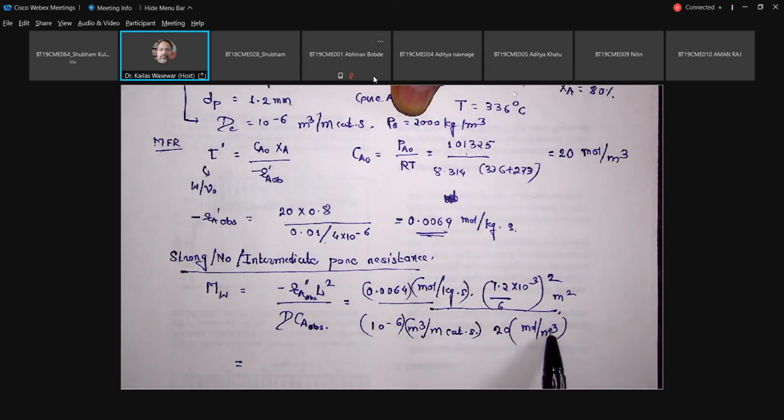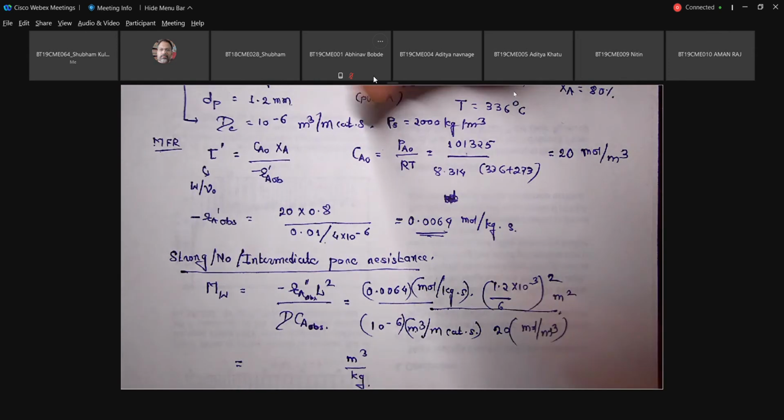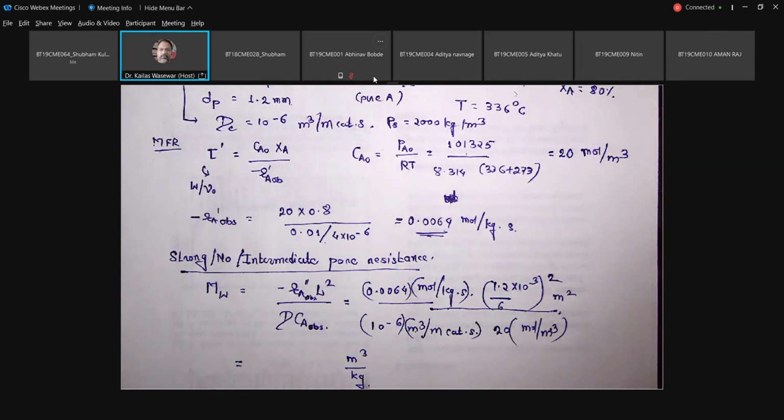Meter cube will get cancelled. Yes, it will be in the meter cube. Yes, someone has calculated. What is this value? 1 point, you can check it. Others can check it. 10 to the power minus 5. Very well.